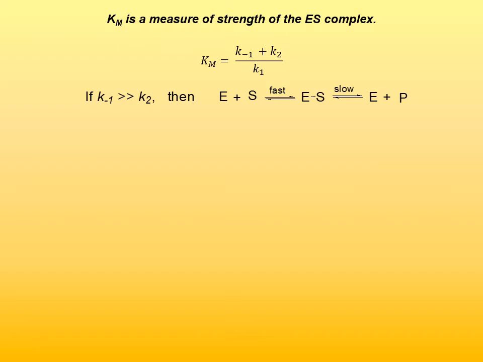The forward step would be the K1 constant, and the reverse step K minus 1. Then the second step, conversion of the enzyme-substrate complex into enzyme plus product, has rate constant K2. If the reverse reaction, K minus 1, is much faster than K2, because this is the fast step, then we have a Michaelis constant that basically corresponds to K minus 1 over K1.